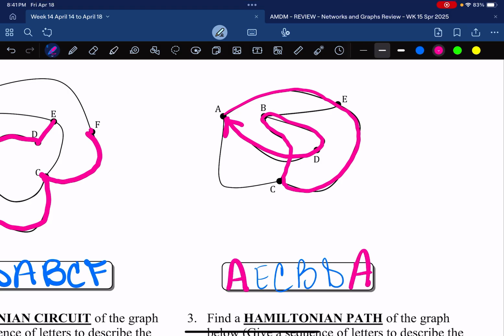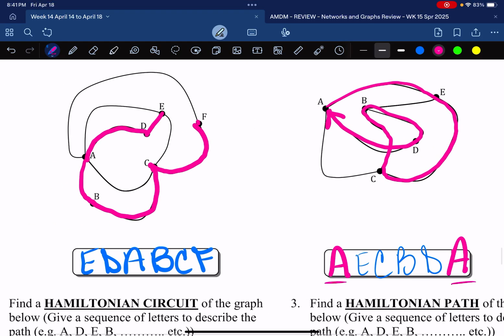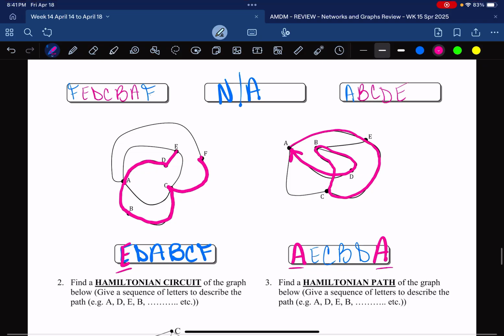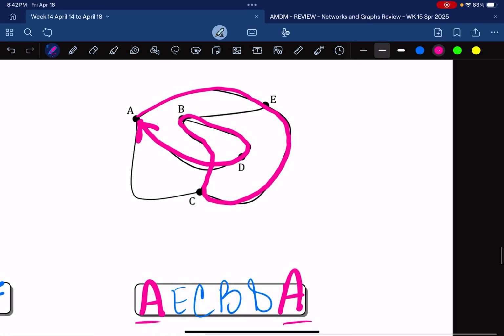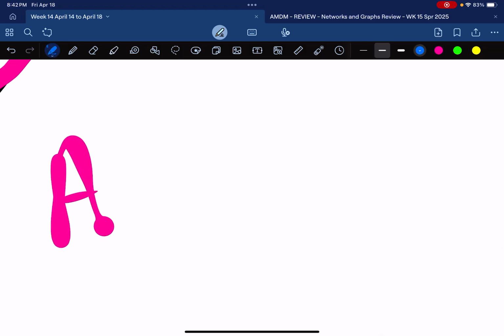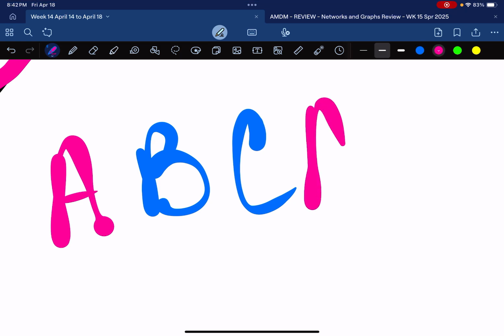I want you to notice that when I'm writing this, E should have been pink. I want the starting letters to be different colors because we need to be able to go back if it's a circuit. Now, what I'm going to tell you cannot have is if I had an A, B, C, A, E, that is nothing.